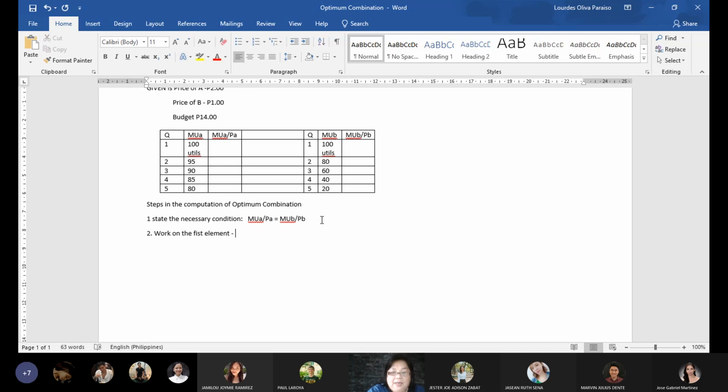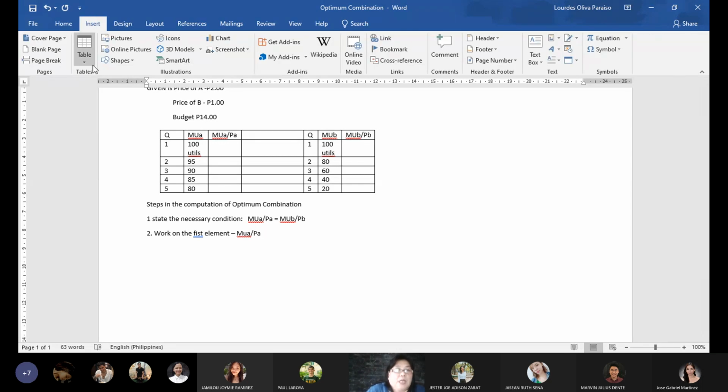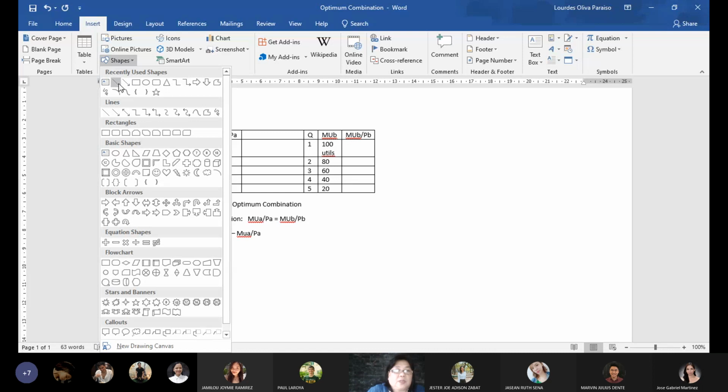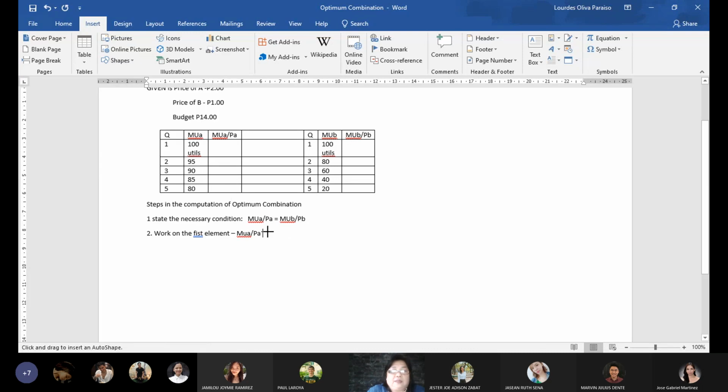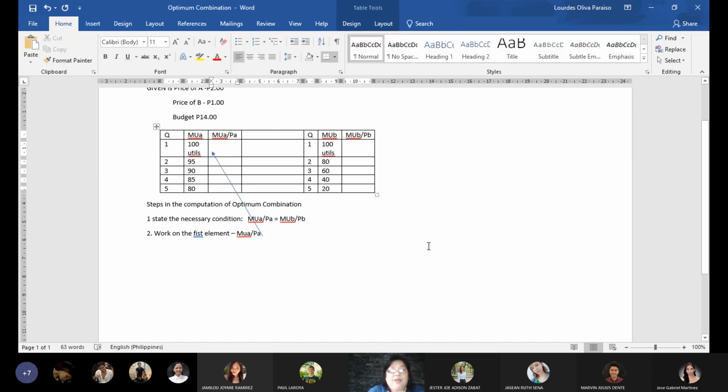That your marginal utility of A over price of A. Check natin. This one, you have to fill it there. So what do you have now?